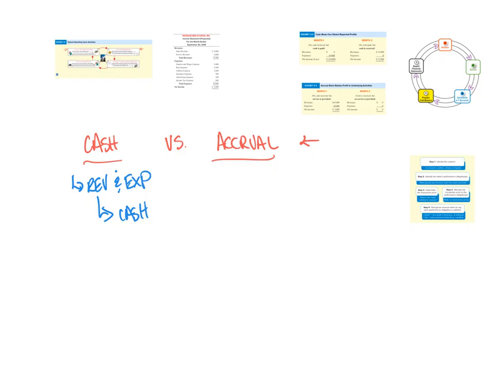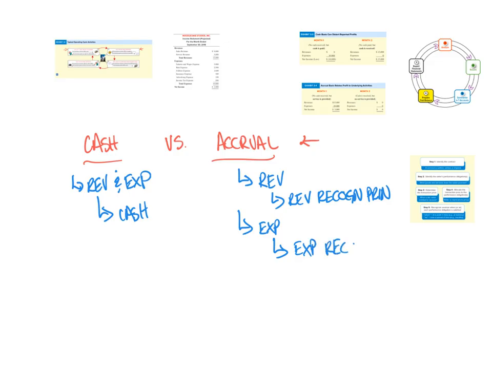From an accrual basis perspective, that is not the way we interpret revenues and expenses. Instead, revenues are going to be driven by what we call the revenue recognition principle, which we'll talk about in a minute. And expenses are going to be driven by the expense recognition principle. And again, we'll talk about that in a minute.